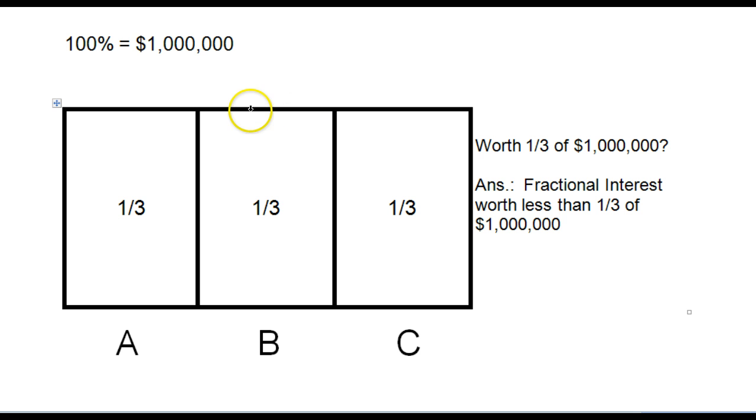So obviously, we are not going to want to take the full value of each of these interests and have it included in the estate at that amount, or if it's gifted, we're not going to want that total value to be at exactly 1/3 of $1 million, because we know that we would not be able to get 1/3 of $1 million if we tried to sell that interest separately.